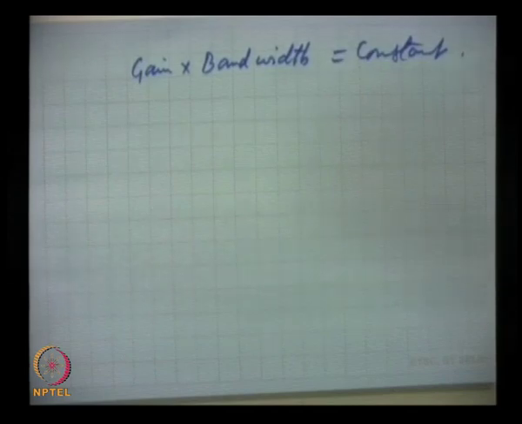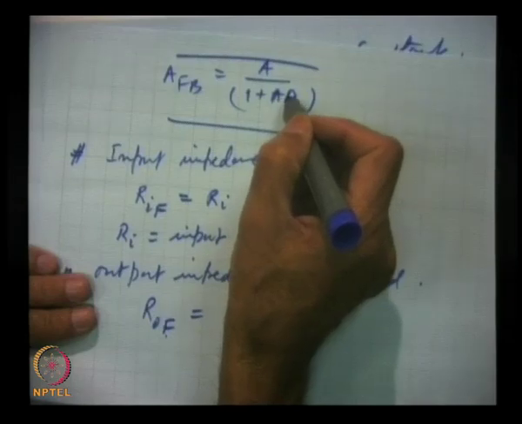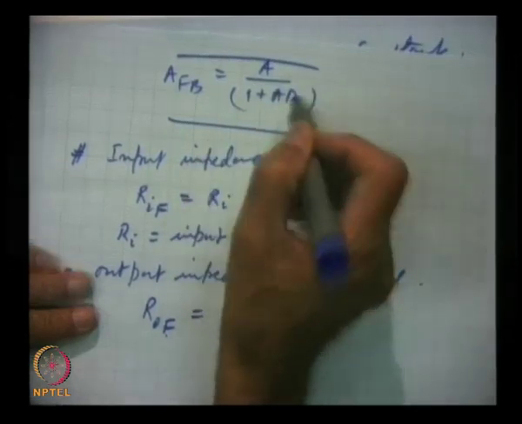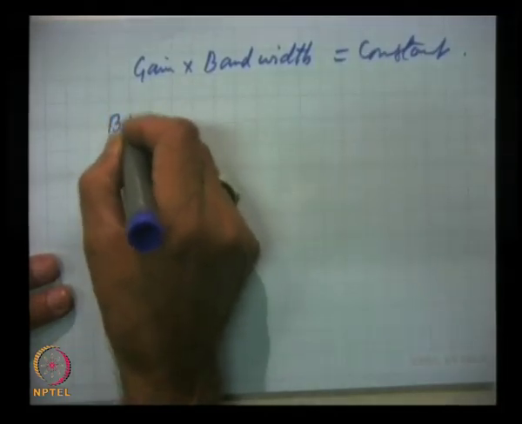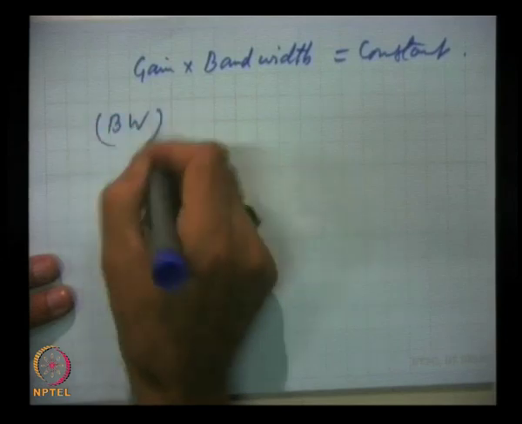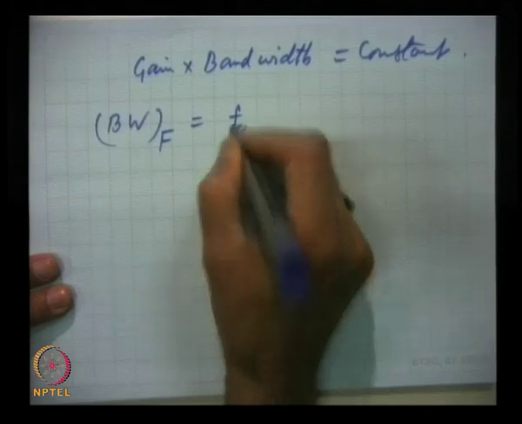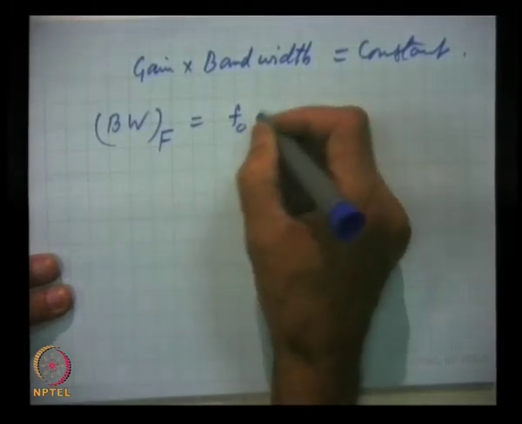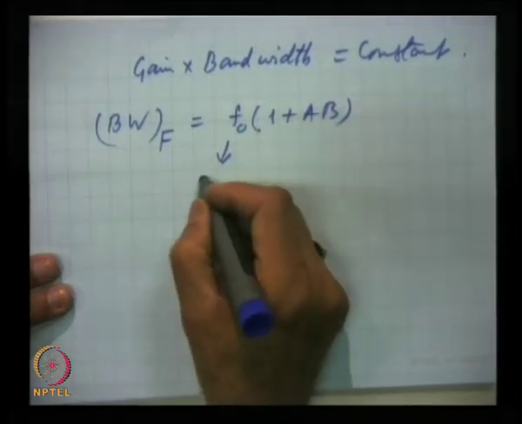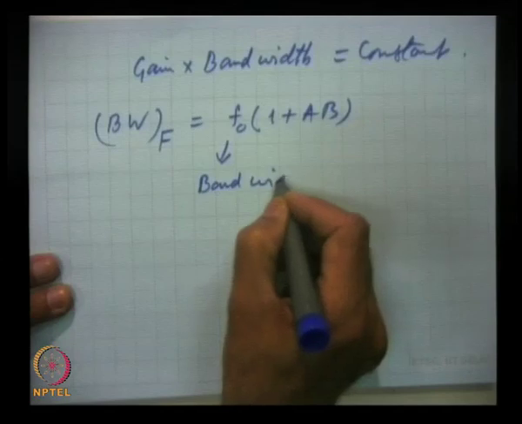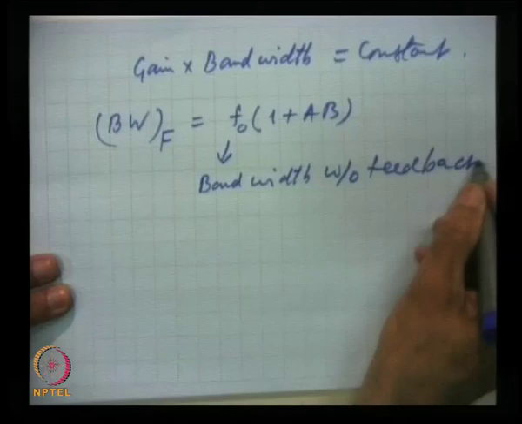In this case, gain falls by a factor 1 plus AB, and hence the bandwidth increases by the same factor 1 plus AB. So the bandwidth with feedback is the bandwidth without feedback multiplied by 1 plus AB.